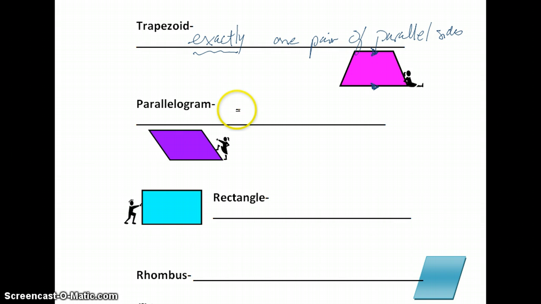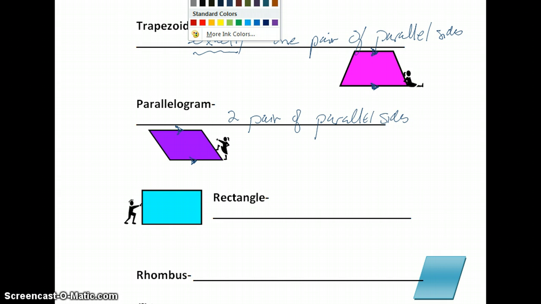A parallelogram. It's another four-sided figure. It has 2 pairs of parallel sides. That means that this side is parallel to this side, and this side is parallel to this side. And this is the notation that we use to show this.